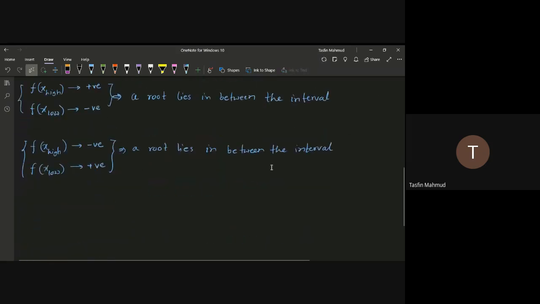So if we have this type of scenario, like f of x high is positive and f of x low is positive as well, then we will assume no roots in the given interval.